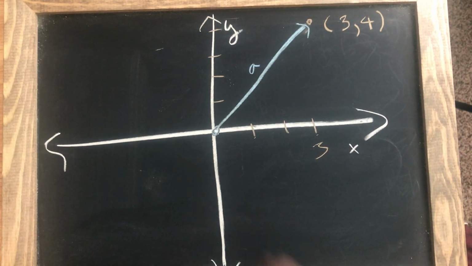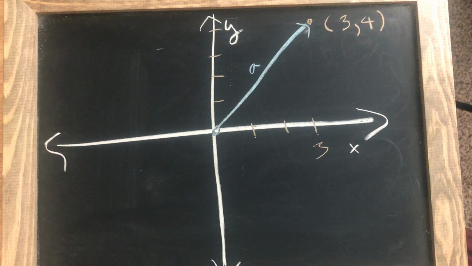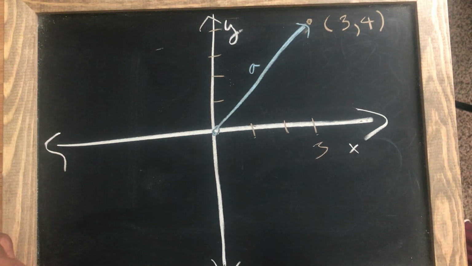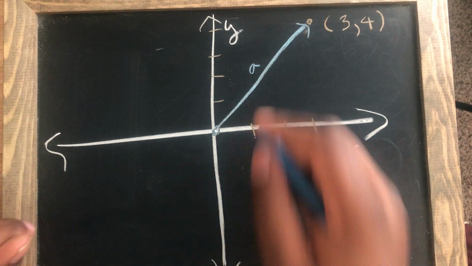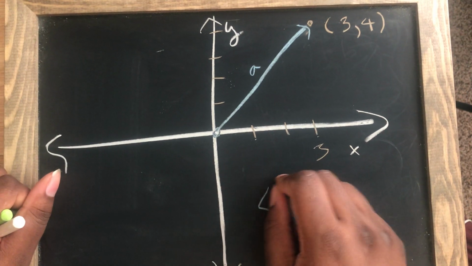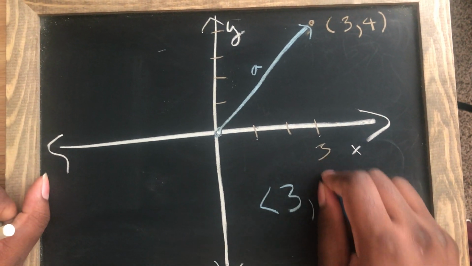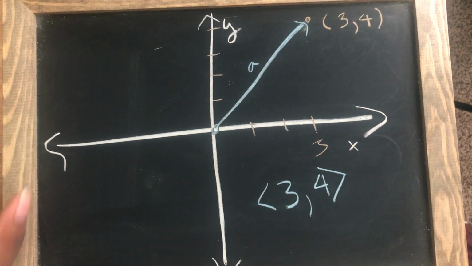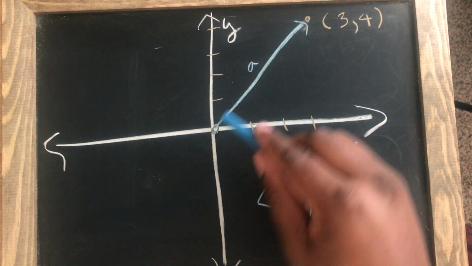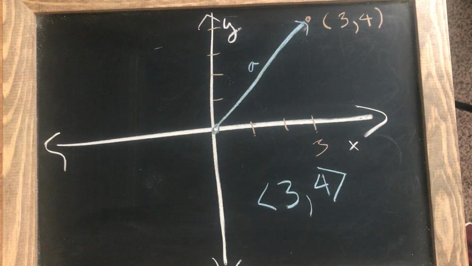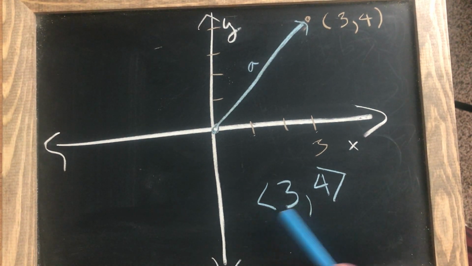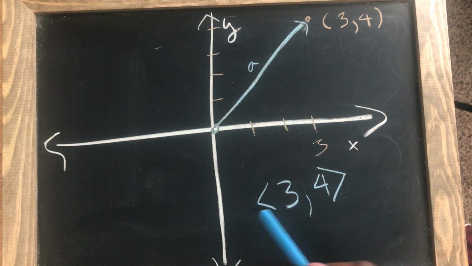To denote this vector, we use what we call component form. In other words, my X component of this vector is 3. My Y component of this vector is 4. This would be vector ⟨3, 4⟩. Notice, it is not the point (3, 4), and what we use is these angle brackets.